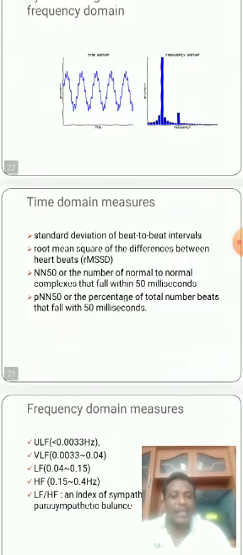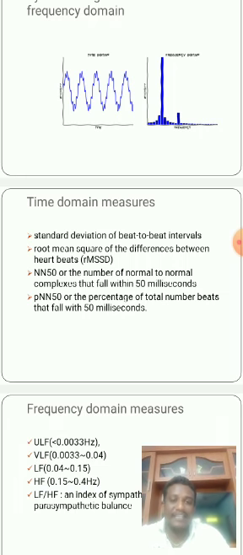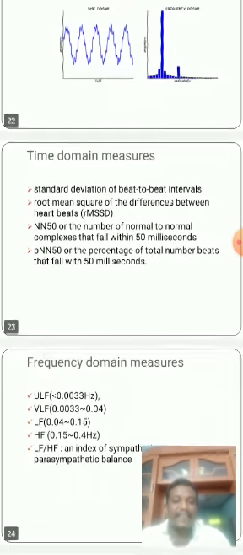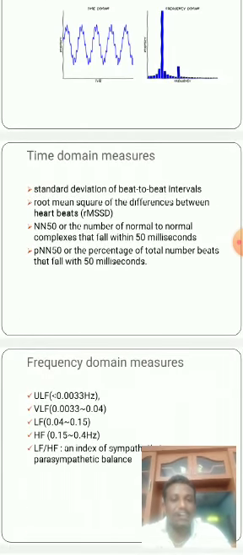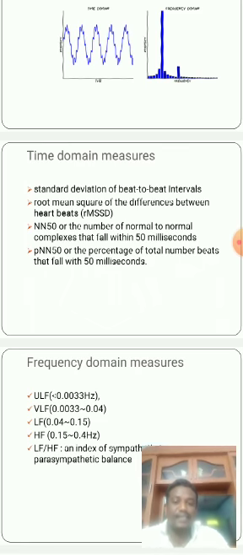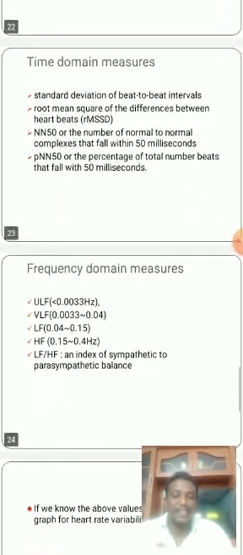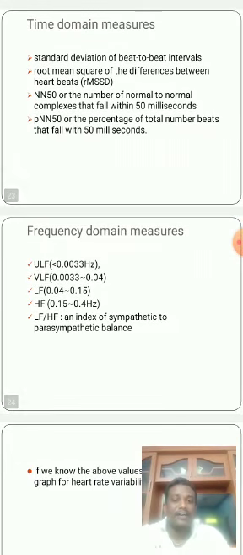Usually, the time domain measures the standard deviation of beat to beat intervals, the root mean square of the differences between heartbeats, NN50, or the number of normal to normal intervals that fall within 50 milliseconds, and pNN50, or the percentage of the total number of beats that fall within 50 milliseconds.